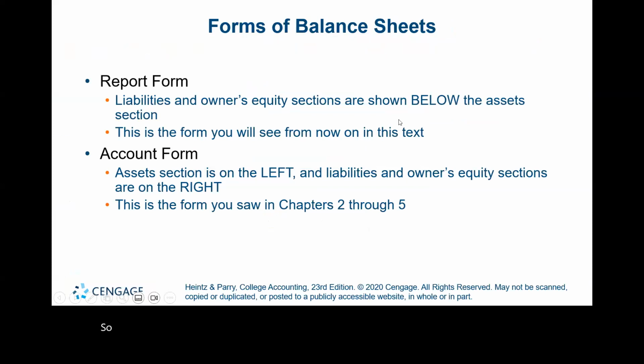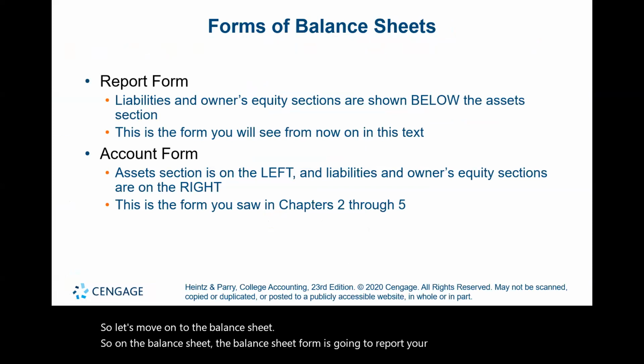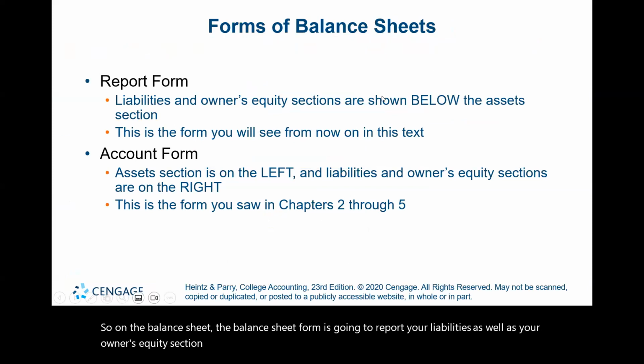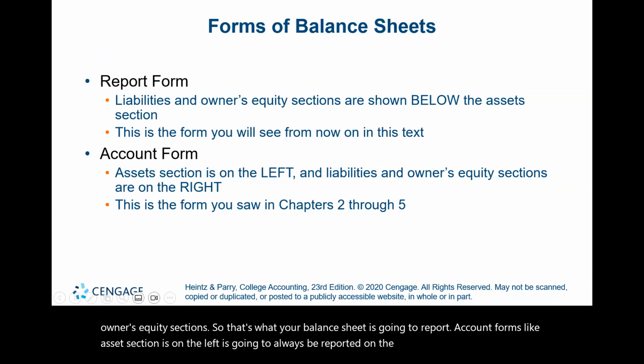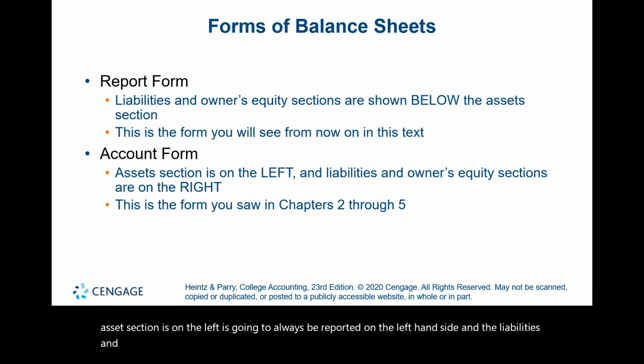So let's move on to the balance sheet. The balance sheet form is going to report your assets, liabilities, as well as your owner's equity sections. In account form, the asset section is always reported on the left-hand side, and the liabilities and owner's equity section is reported on the right side, just like the accounting equation.